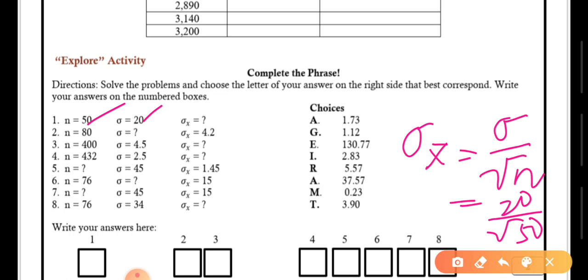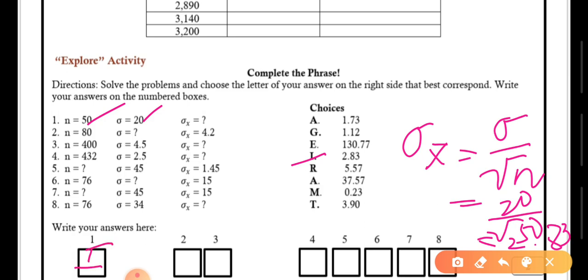The answer will be 2.8284, or 2.83. What letter does 2.83 represent? It is letter I. Then write I here.